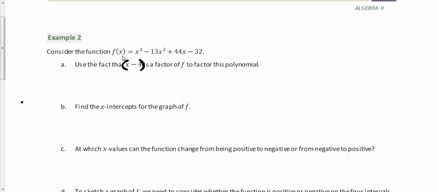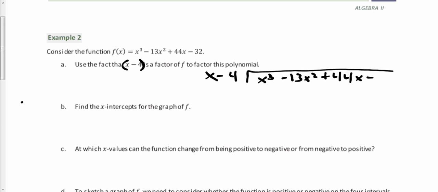X minus 4. So what do you think I should do with x minus 4 and this big guy right here? Divide it, yeah. So let's do that then. Let's do x minus 4 goes into x cubed minus 13x squared plus 44x minus 32. Go.